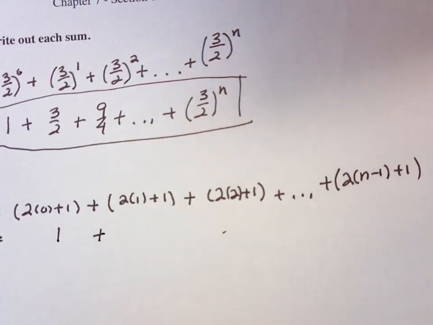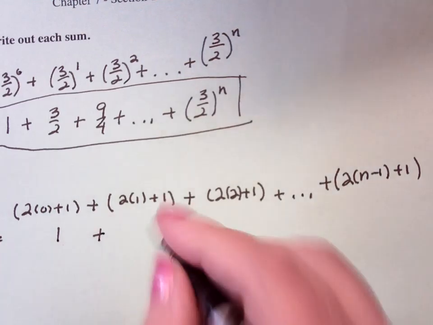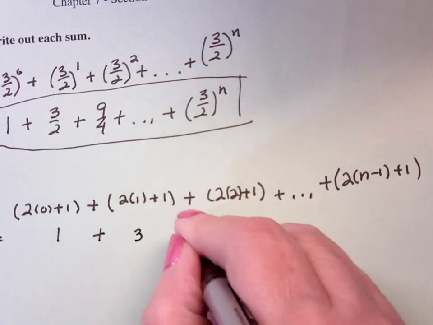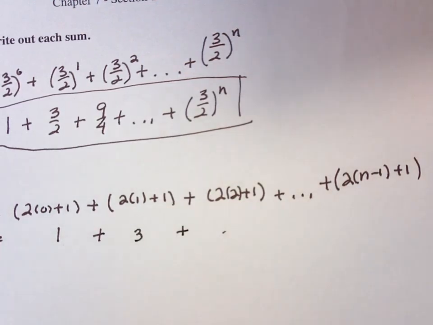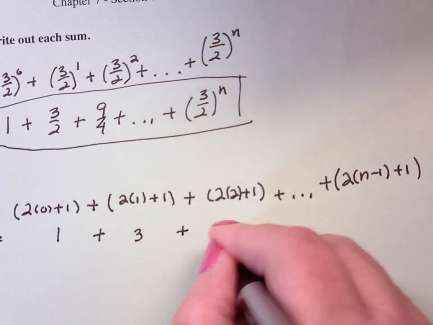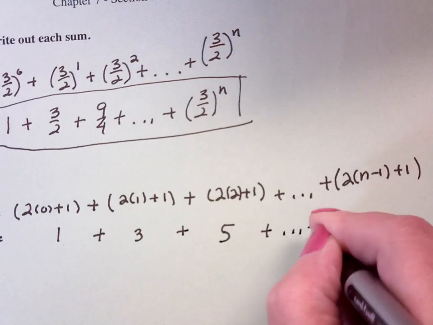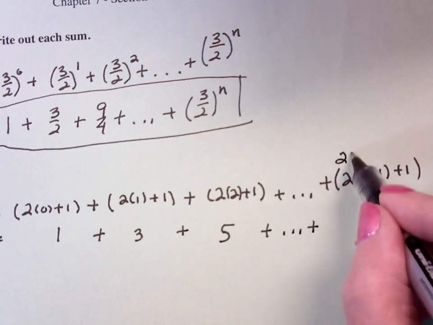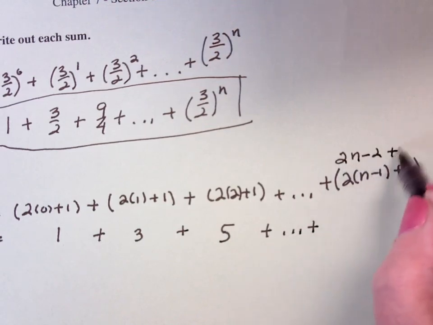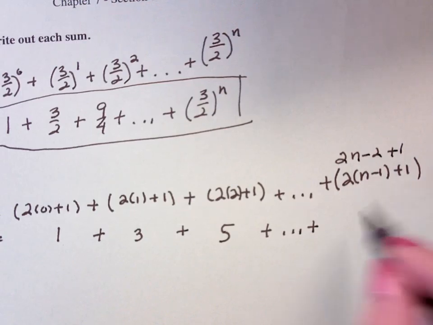Plus 2 times 1 is 2. 2 plus 1 is 3. Plus 2 times 2 is 4. 4 plus 1 is 5. Plus dot, dot, dot. Plus, this is going to be 2n minus 2 plus 1, which is 2n minus 1.